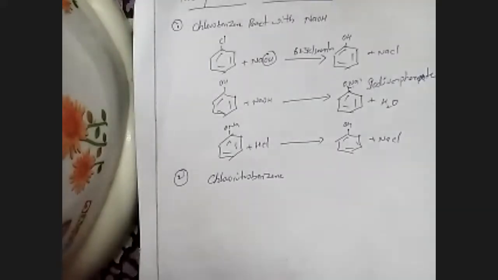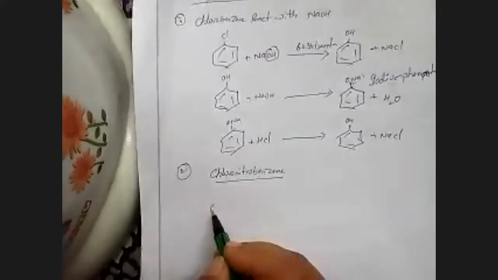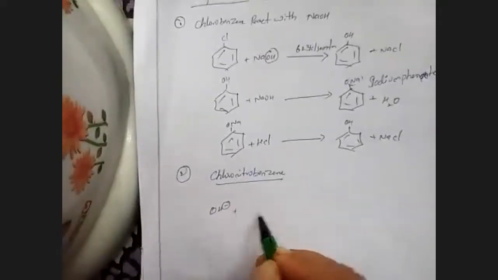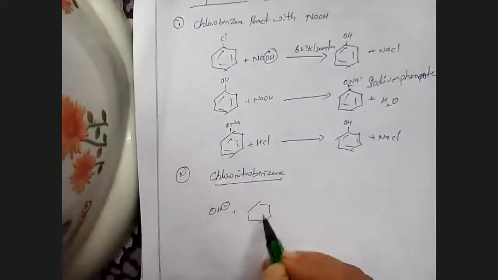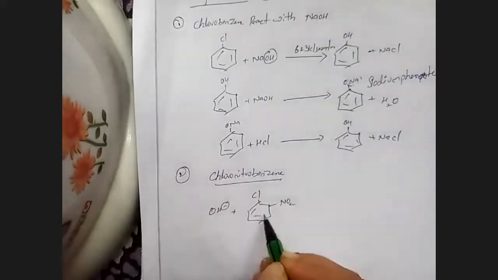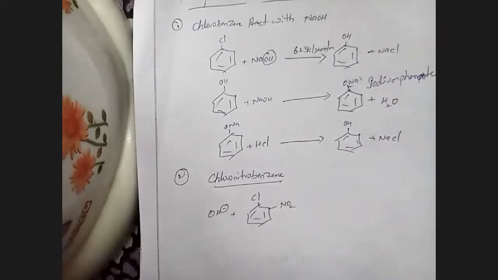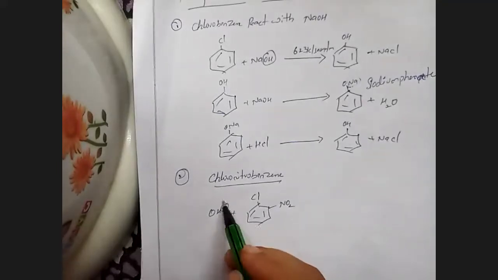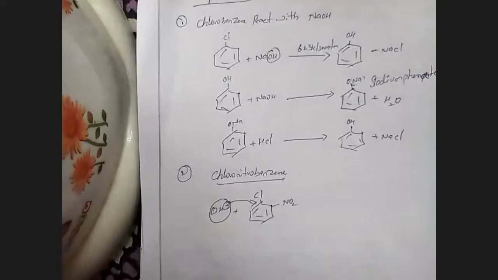Okay, so will you write the structure for chloronitrobenzene? Chloronitrobenzene, that's it. So if OH attacks here, write the structure.